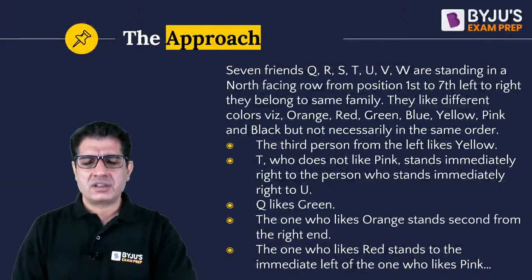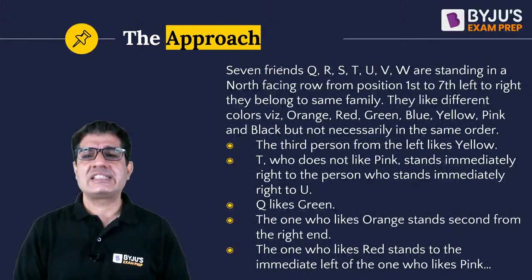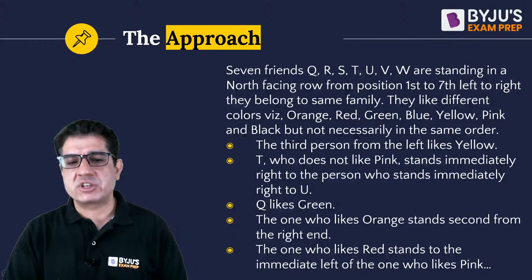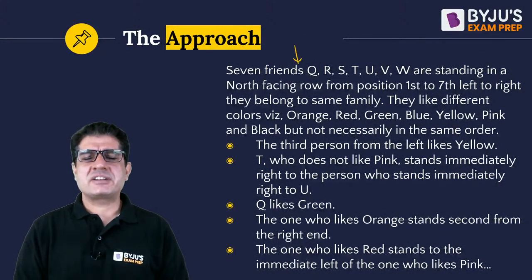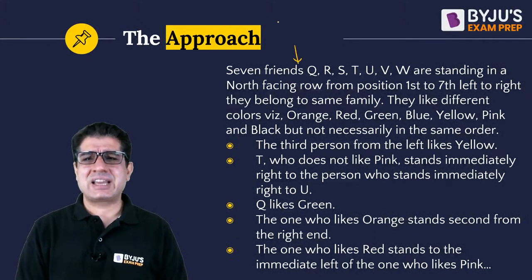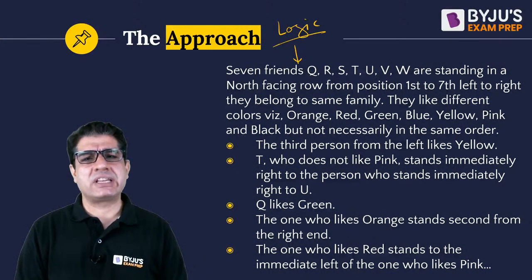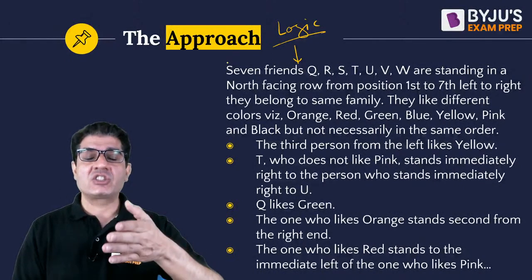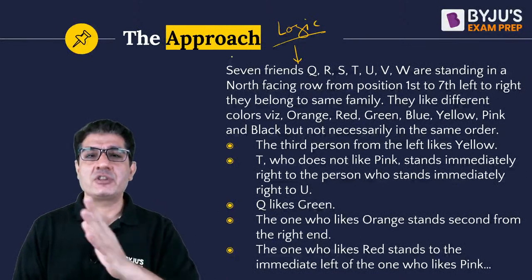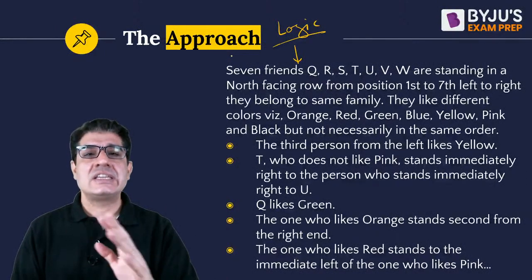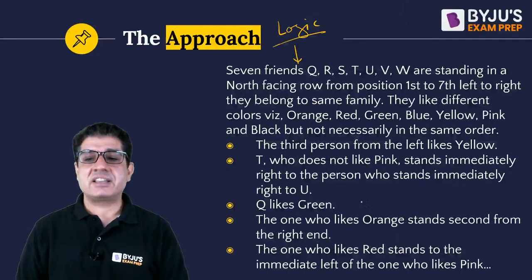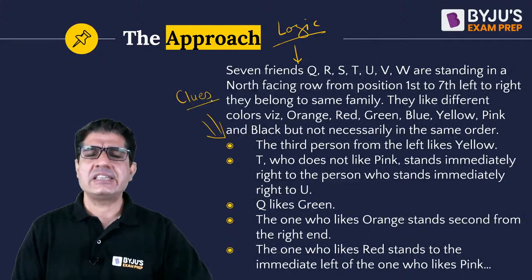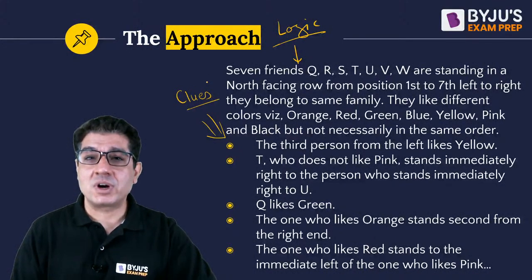So I think of para-jumbles as similar to this particular question type. Now, you may look at it and say, sir, this is not para-jumble, that's a part of logic. And you'd be absolutely right. This is a logic question where you are supposed to arrange some persons, some individuals in a specific order, in a specific sequence. And in order to help you, the examiner goes on to give you a lot of clues. That's exactly how para-jumbles work.